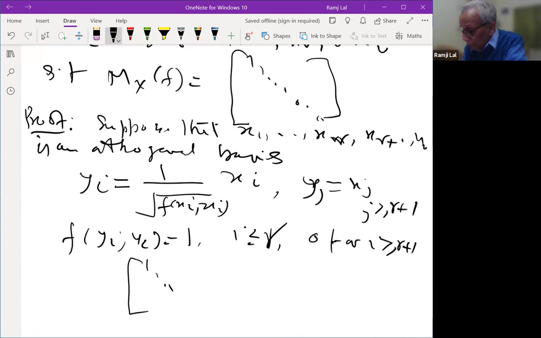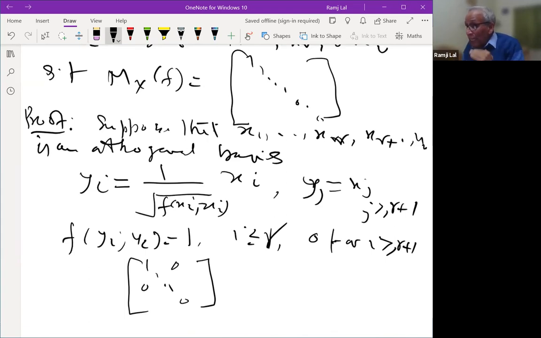Usually you have been doing this in your classes. So this is in the normal form, provided the square root exists, for example the field of complex numbers. Not real numbers: for real numbers the square root does not exist.